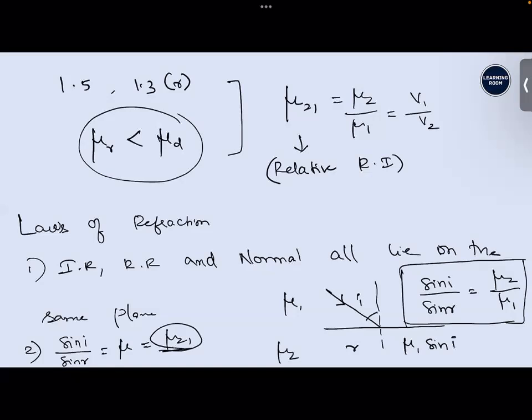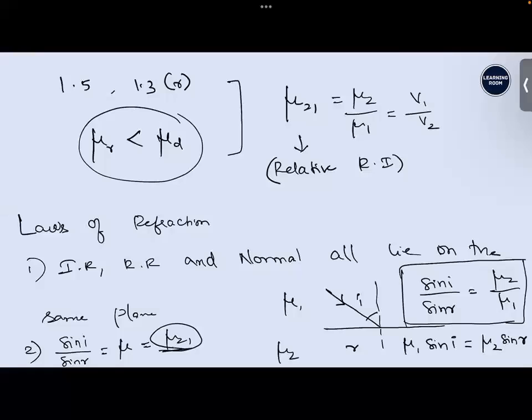So mu1 into sin i will be equal to mu2, the refractive index of the second medium, into sine of r. Correct? So this is how you do it: mu1 sin i equals mu2 sin r. If you want to rearrange and see that sin i by sin r will be mu2 by mu1, whichever you are comfortable with, go with it. But I am comfortable with the second one because we will not make mistakes. Shall I proceed?